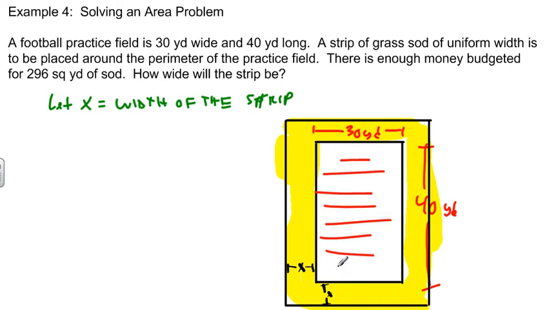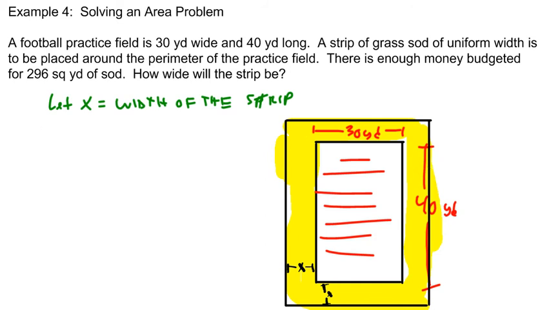Let's see if you can follow this logic, because this has different parts, but let's just think about the big picture. If we know the area of the whole entire rectangle, meaning including the strip, and then if I could find the area of the smaller rectangle, which is the football field, I can subtract those two areas, and that's going to give us just the grass, and we can make an equation from that.